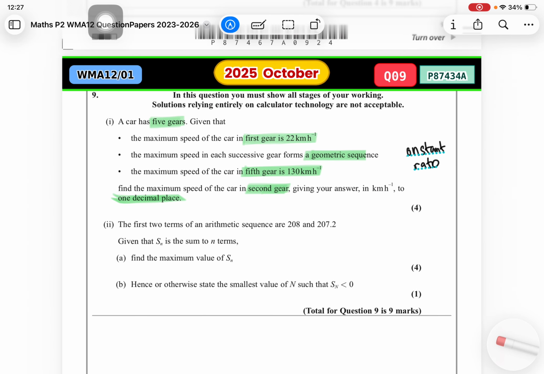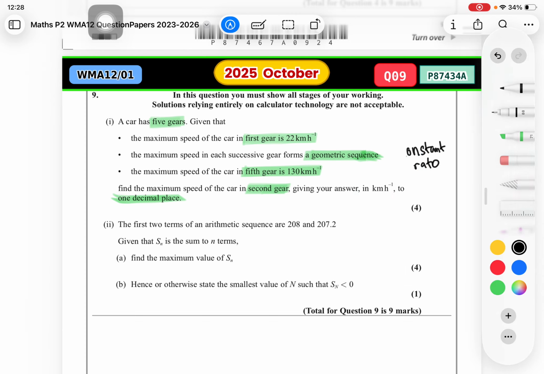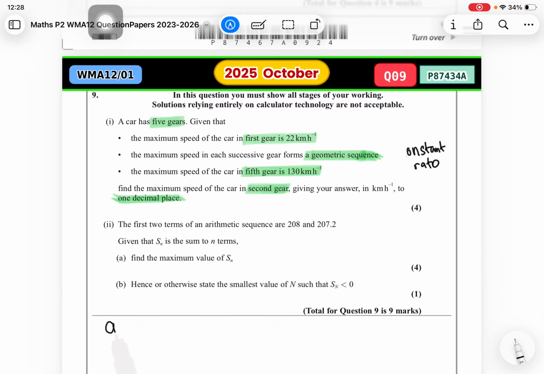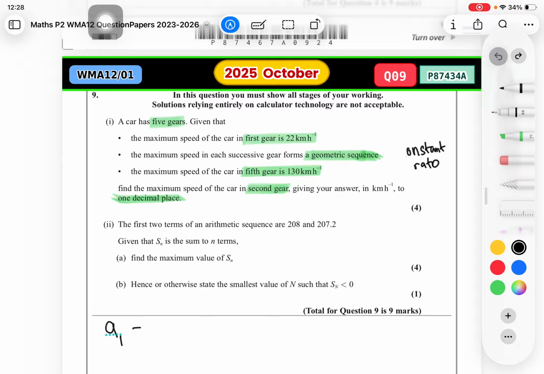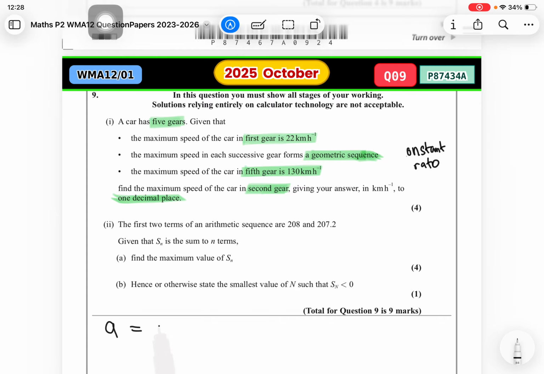Okay, so then we can go with the first calculation part. We know A1, which is the very first term. We usually put the symbol as A. That is going to be 22.